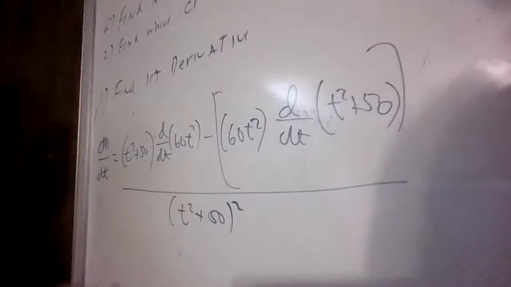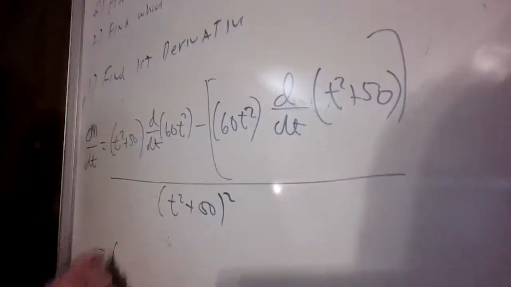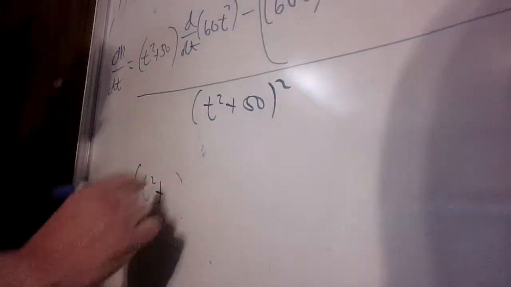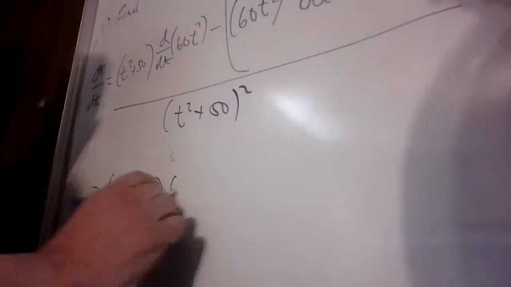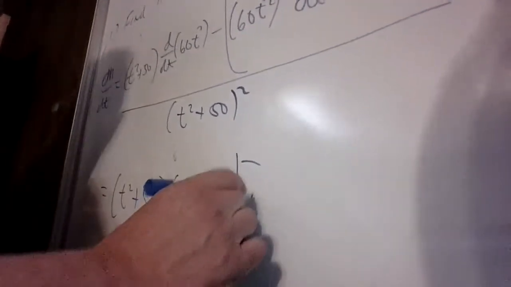All right, let's do what they tell me to do here. t squared plus 50 remains the same. It's my writing, I have trouble with those zeros. The derivative of this is 120t, minus 60t squared remains.